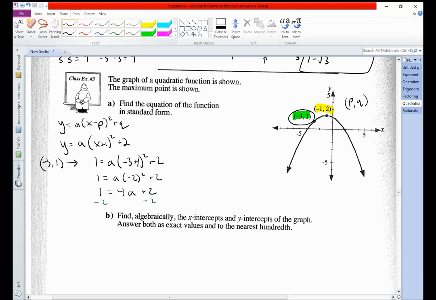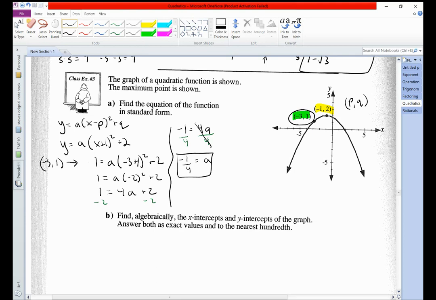I'm left with negative 1 is equal to 4a. And I can divide both sides by 4. It cancels out on this side, and I'm left with a is equal to negative 1/4.